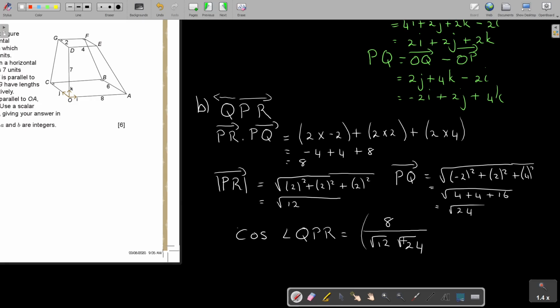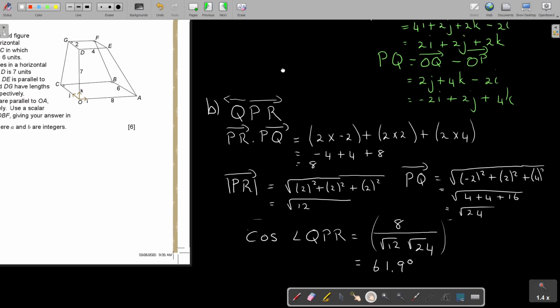Shift cos, bracket, 8 divide, bracket, square root 12 times square root 24, close the bracket, correct to one decimal place if they say nothing, so 61.9 degrees. Remember to press shift cos because you're finding an angle, and if there's another bracket, close it, and then you'll get your answer.